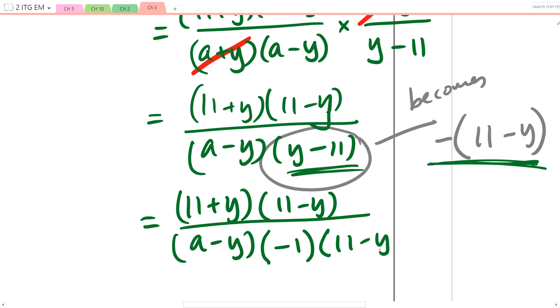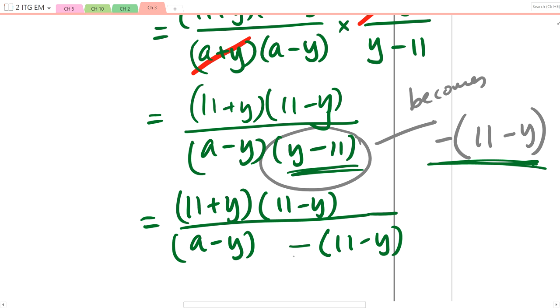Then 11 minus y. Okay? You see how I write it? Because I'm very afraid you are going to write this. What do you think? Is it the same? No, they are not the same.